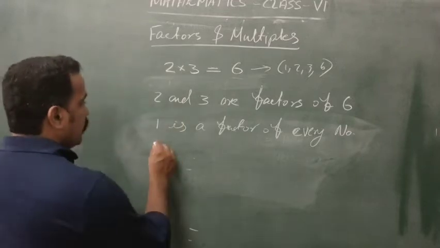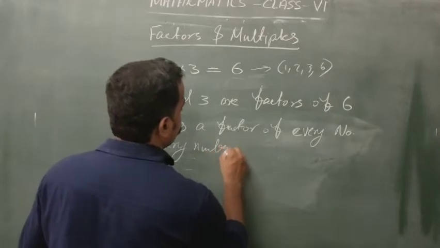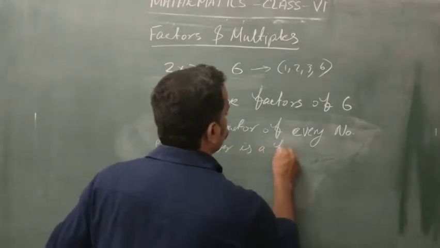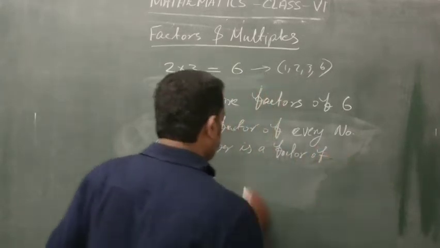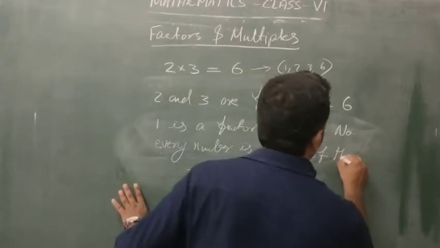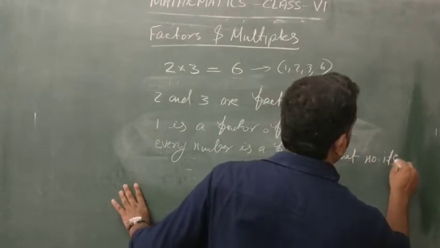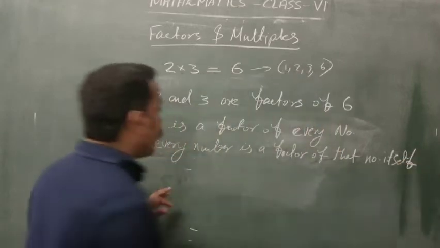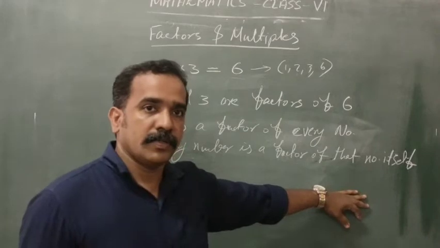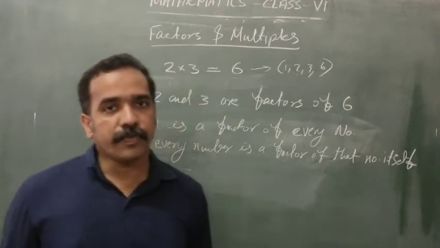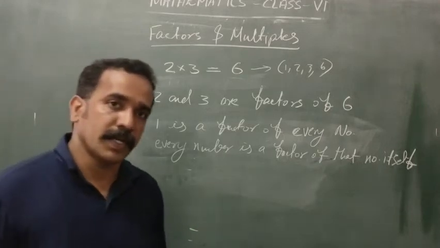So we can say that every number is a factor of that number itself. For example, 25 is a factor of 25. Understood?